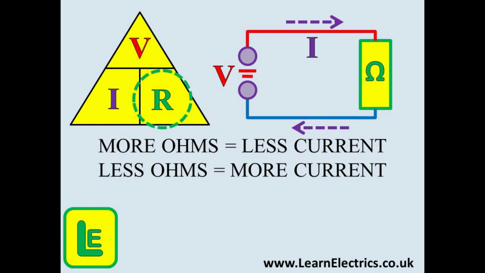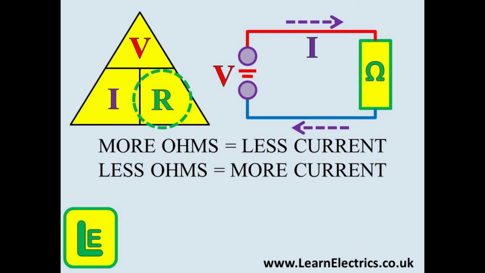If we move on to resistance or ohms, we can see that the current flows into the resistance at the top of the yellow rectangle and out at the bottom. This is how we show a simple circuit. This resistance will slow down the flow of electrons by an amount that depends on the size of resistance. It has the opposite effect to voltage.